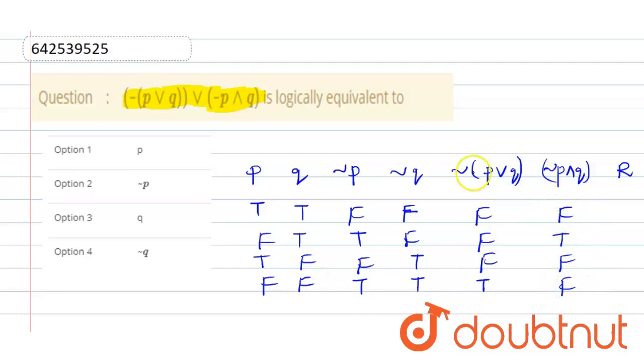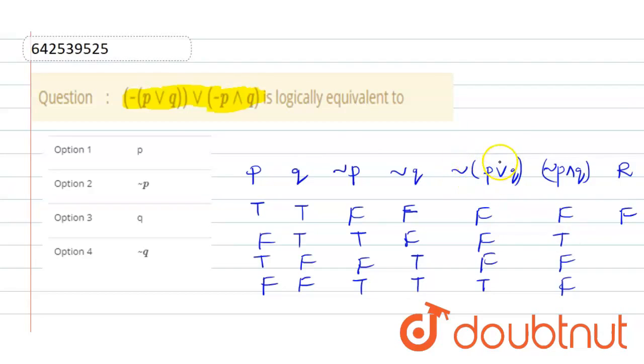Finally, applying the result, for this value and this value, by applying OR condition we get true here. Here this value is false, this value is also false. By applying OR condition for both of these, we get false here.